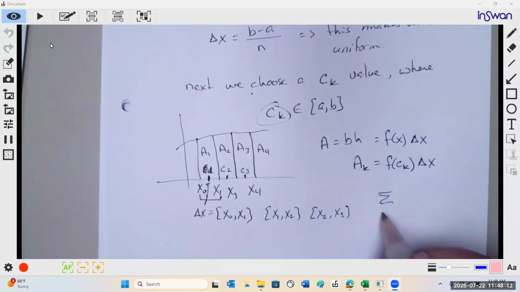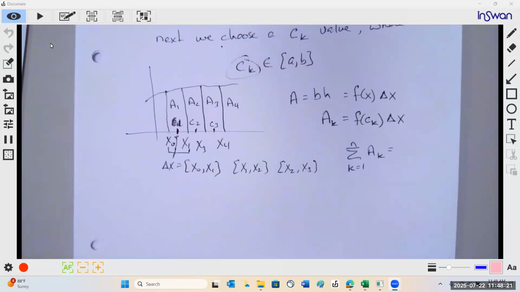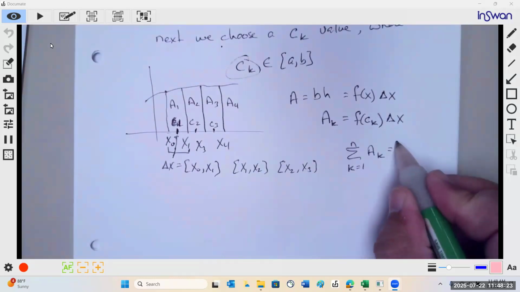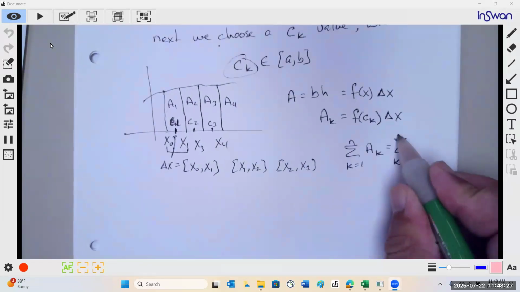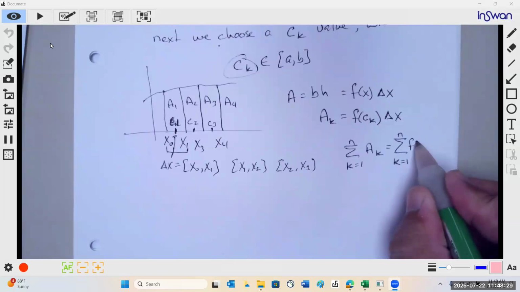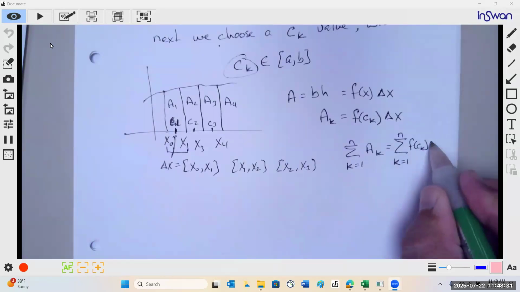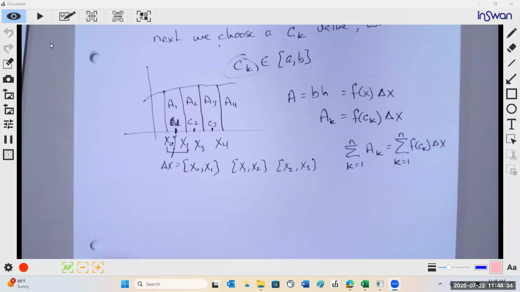Now, if we add up all of our A sub k's, we have this equation.